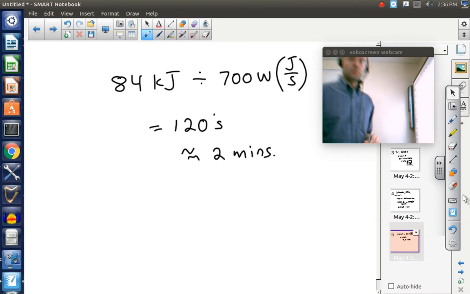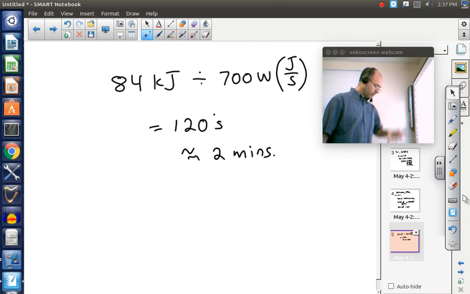And from practical experience, that's about right. I could put this in the microwave for 2 minutes and it would be close to boiling, or just before boiling.